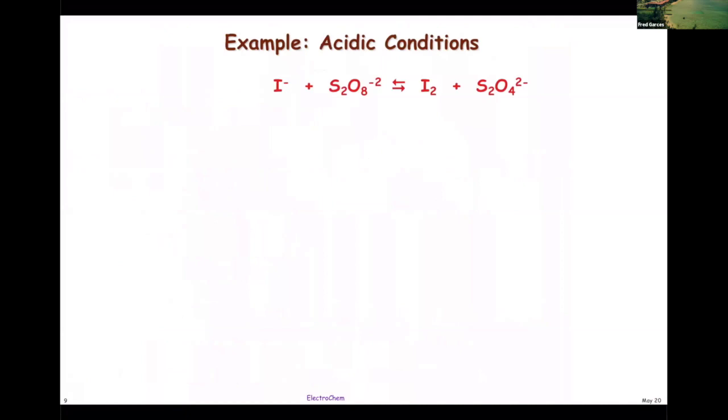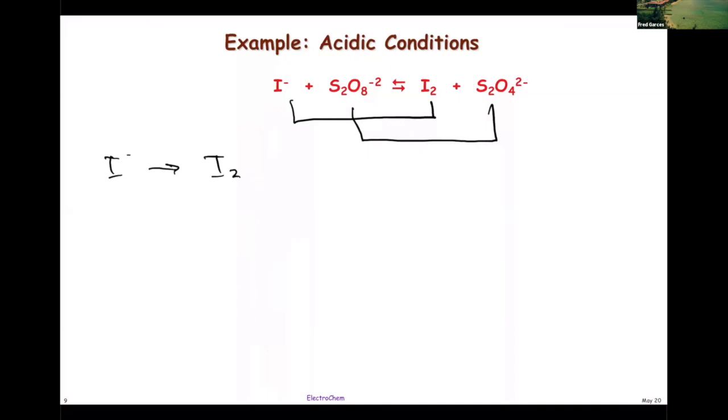Let's consider this reaction, and I'll show it to you in real time. The two half reactions you will automatically know because they have common elements. I- can only go to I2. It can't go to S2O4. So that's one half of the reaction.